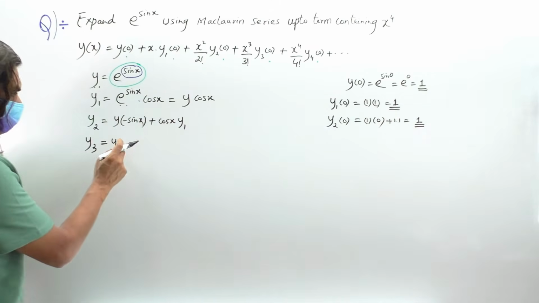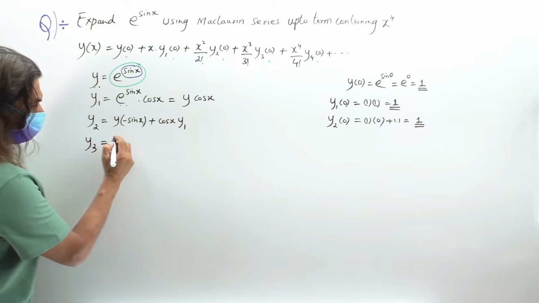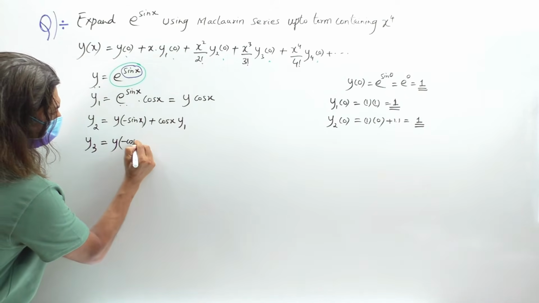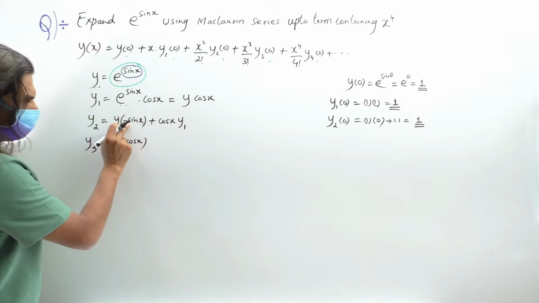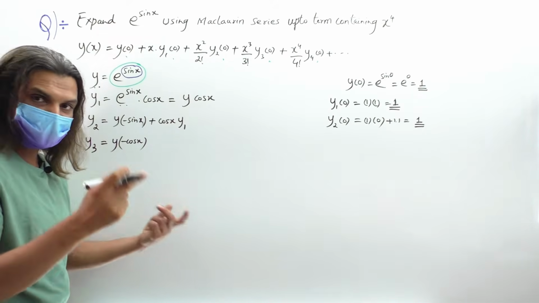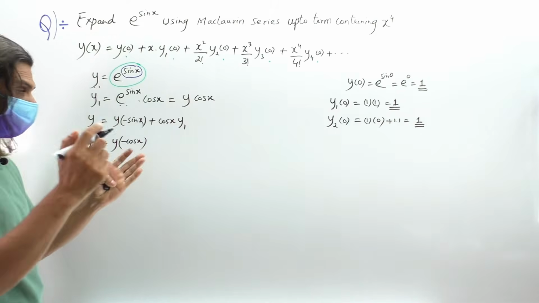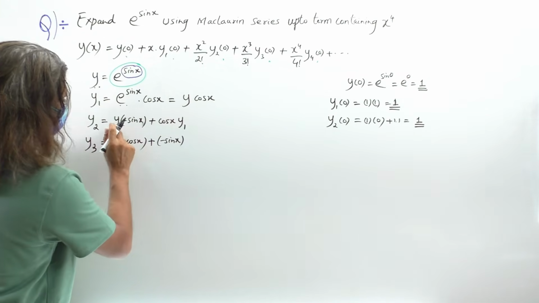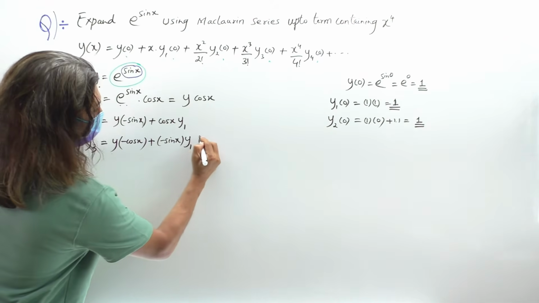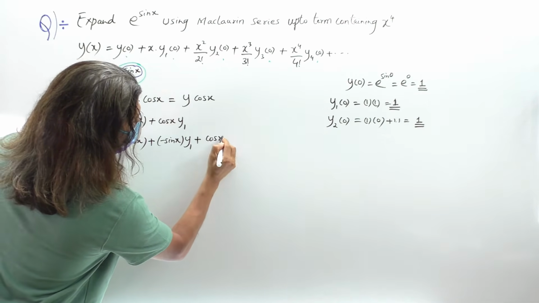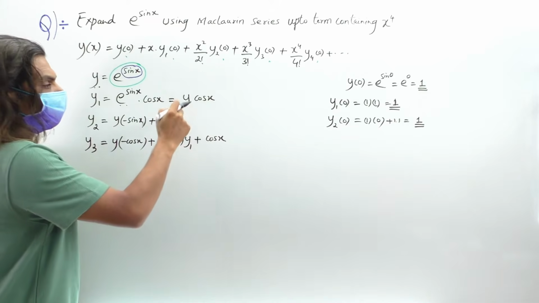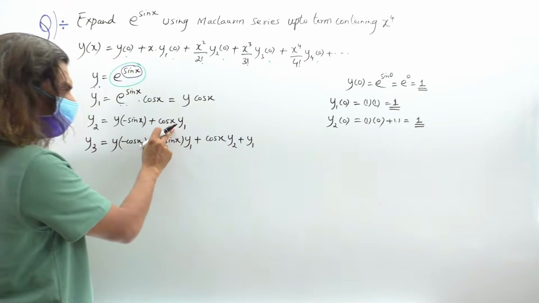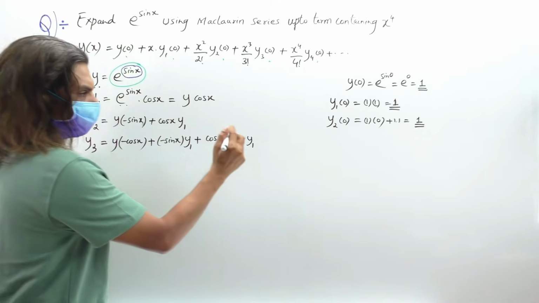So we have this as y as it is into differentiation of sin x is cos x, minus as it is, so minus cos x. Okay, product rule, plus minus sin x second function as it is, differentiation of y is y1, plus cos x as it is, differentiation of y1 is y2, plus y1 as it is, differentiation of cos x is minus sin x.